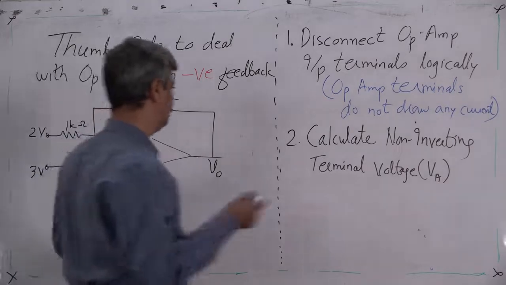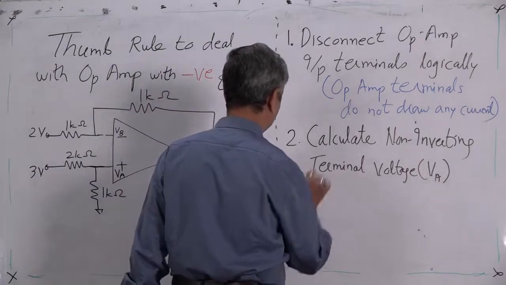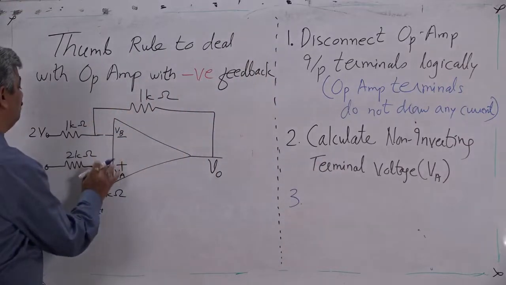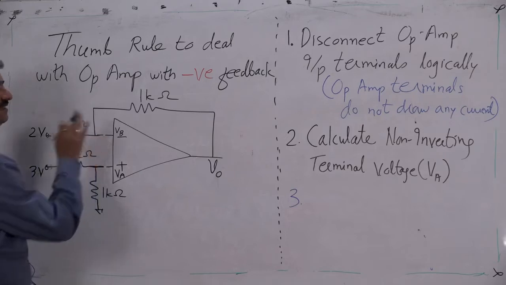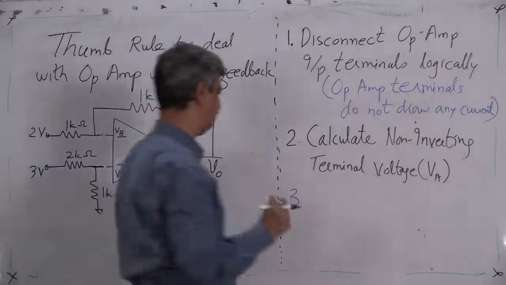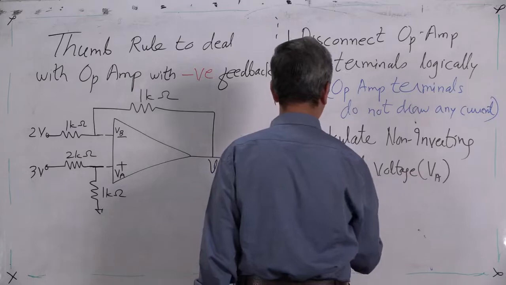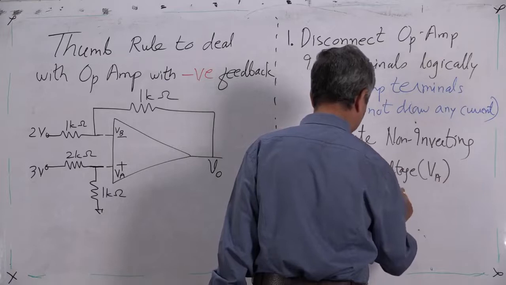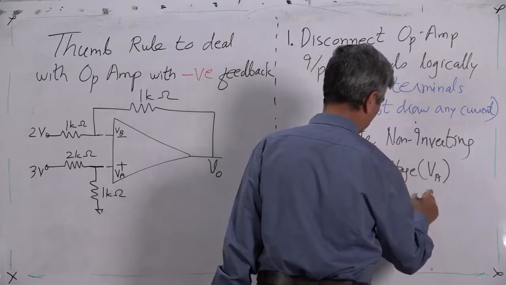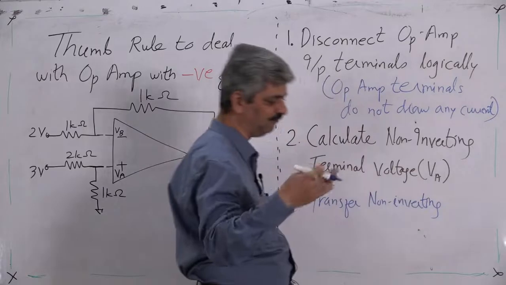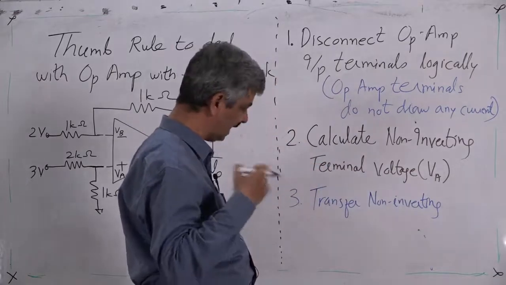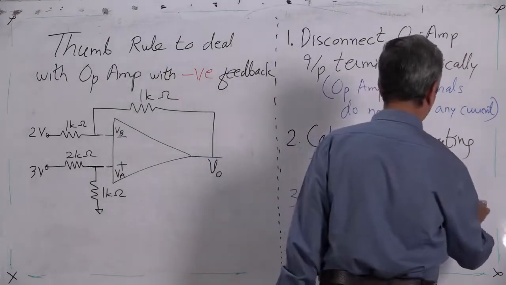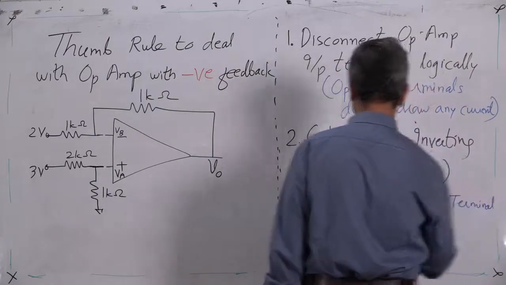VA, I'm using that symbol VA. Then third rule, which is very important now. Third rule, just transfer this to the inverting terminal. It is a thumb rule. Don't ask why right now. Transfer the non-inverting terminal voltage to the inverting terminal. I am writing very specifically because it is now offline mode, and I cannot assume whether you have understood or not, so I have to be very specific and clear.